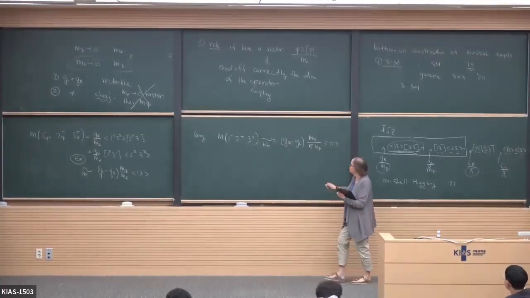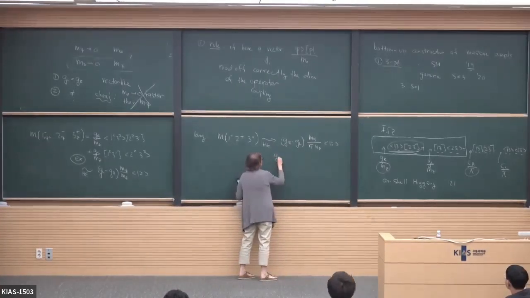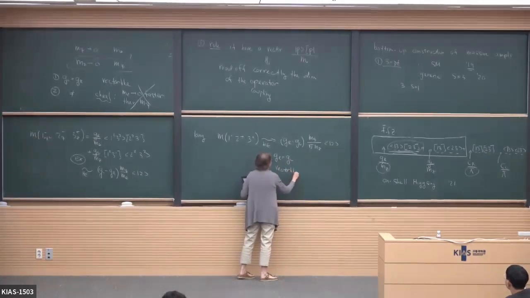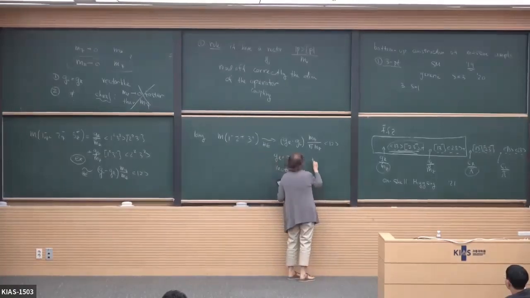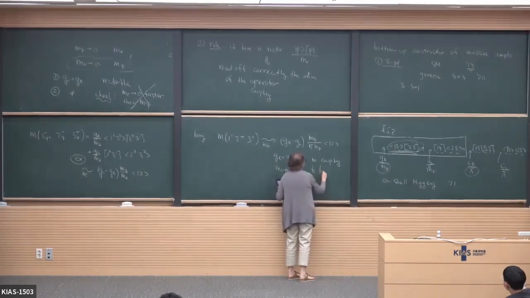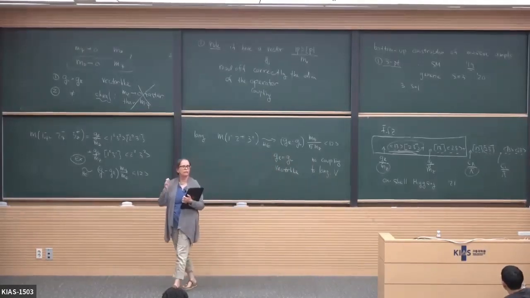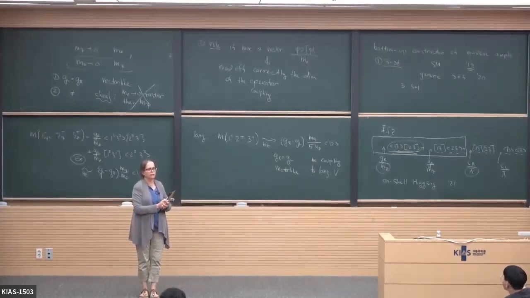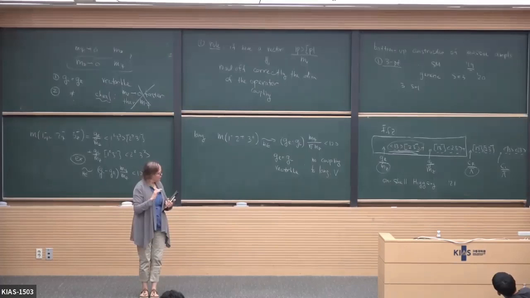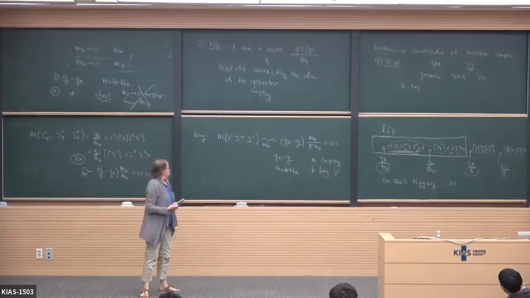So the one thing that we learn is that if g_R is equal to g_L, that is, it's a vector-like fermion, then there is no coupling to the longitudinal vector. This is the one thing that I can learn from this, taking this limit. In a few minutes, we're going to say more about this.